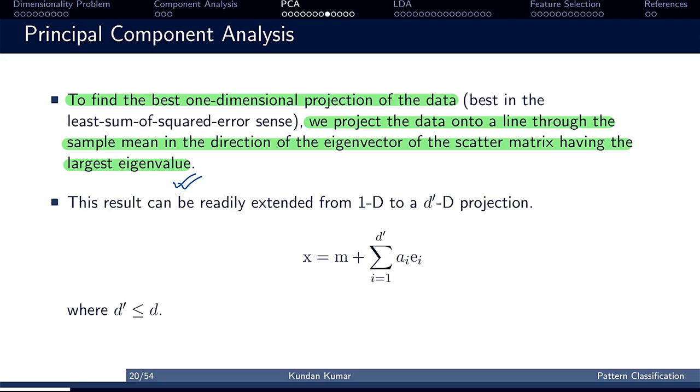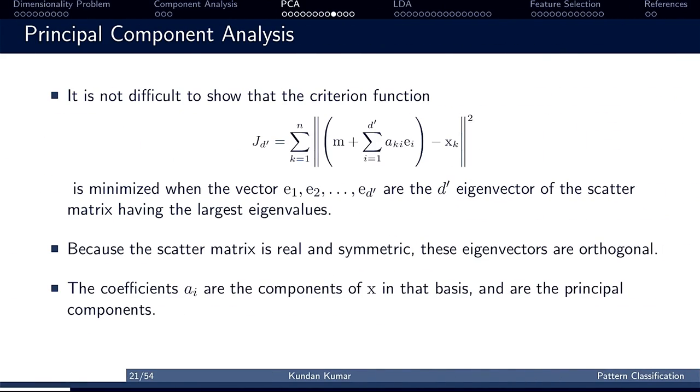This one-dimensional result that we just obtained can be extended from one dimension to a d-dash-dimensional projection, where d dash is less than or equal to d. We have to define the criterion function for the d-dash-dimensional space.